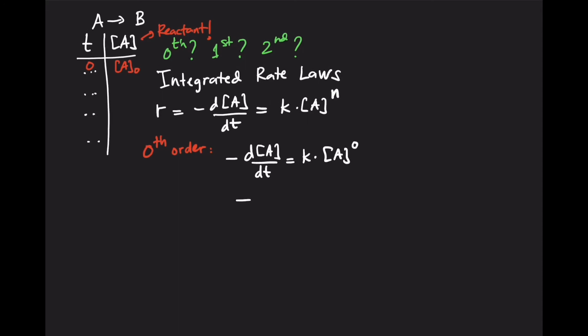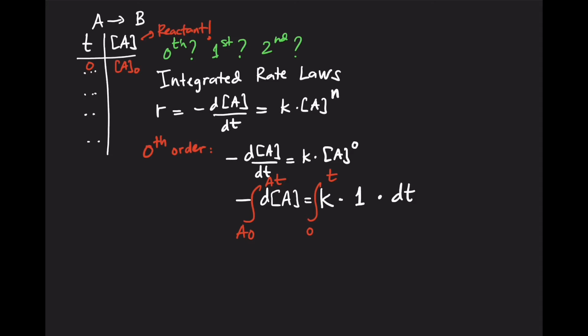So, minus dA is equal to k multiplied by 1, as anything to the power of 0 is 1, multiplied by dt. And here is where we integrate. Integral and integral. This is from A0 to At, and this one is from 0 to t.